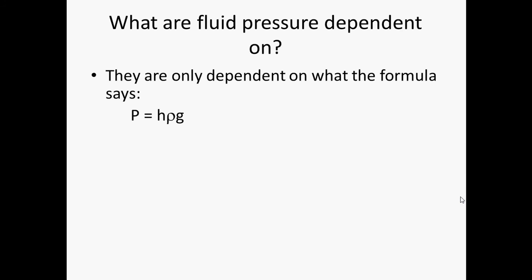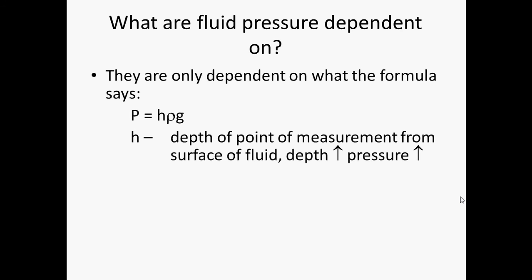First, h. I would like you to memorize it as depth rather than height. I will elaborate on this later, but it is more important to think of it as depth rather than height. The deeper the point of consideration, the higher the pressure.